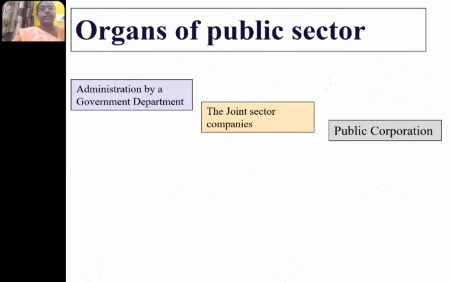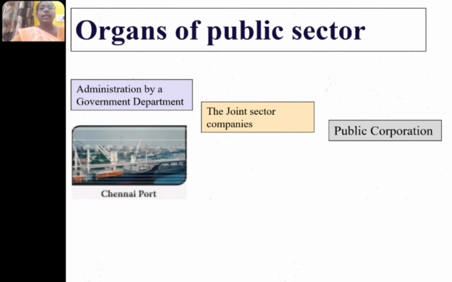First we are going to see administration by the government departments. It is very common in all the countries. For example, Post and Telegraphs, Railways, and ports like Chennai Port, etc.